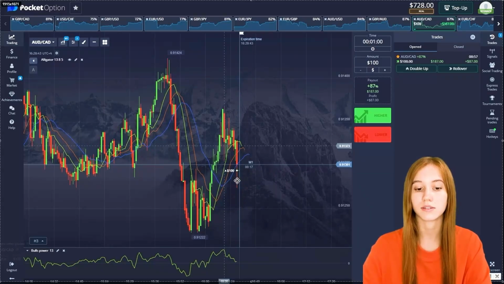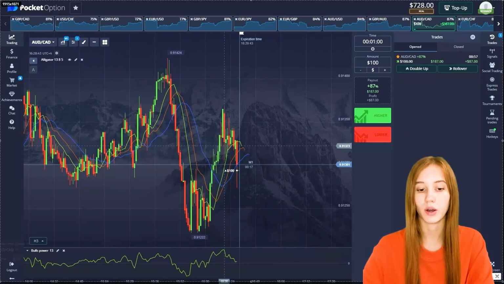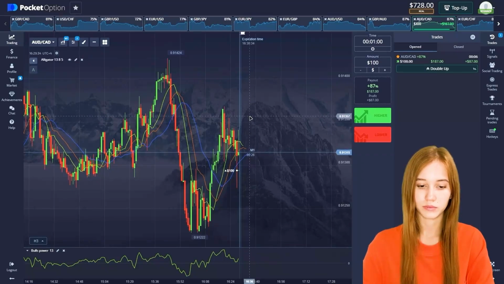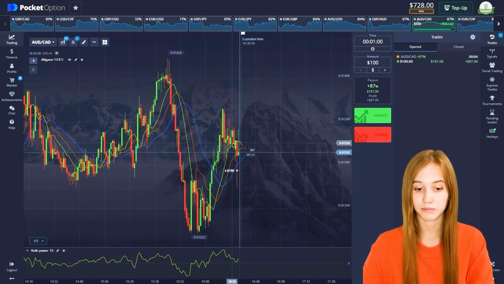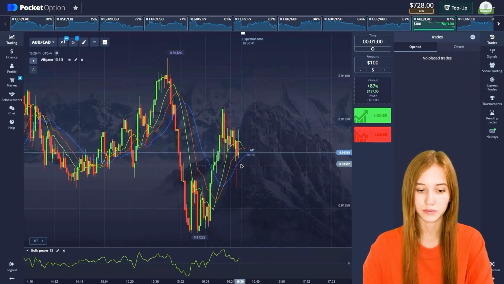But I think this is a fake fall. And now there will be a slight pullback in the opposite direction. So, although the alligator shows that, I think this is fake.